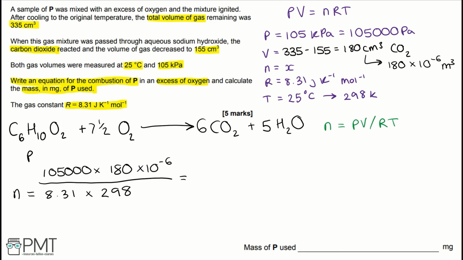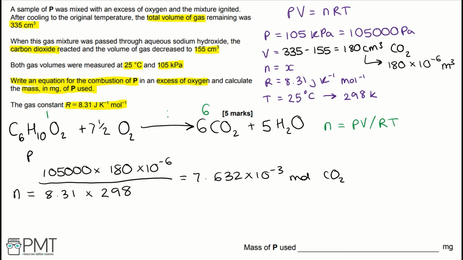So plugging this all into the calculator, we're going to get 7.632 times 10 to the negative 3 moles of carbon dioxide. Now we know from our combustion equation that we have a 1 to 6 ratio for the moles of P versus the moles of carbon dioxide.